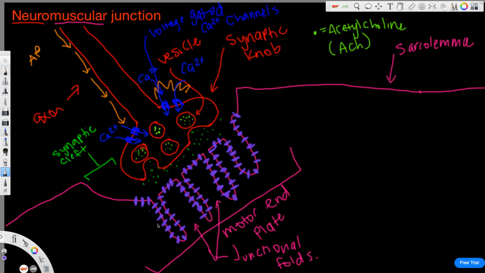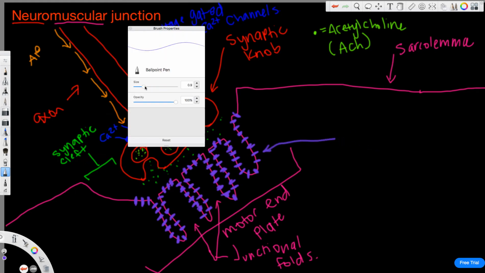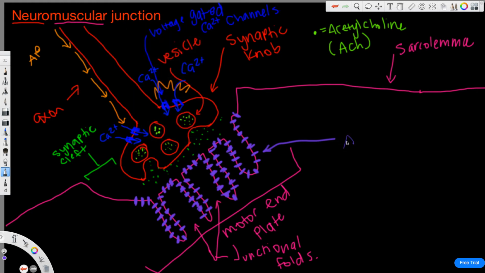So now I have a robust population of acetylcholine receptors, and let's label those too. And let's also write what they are.